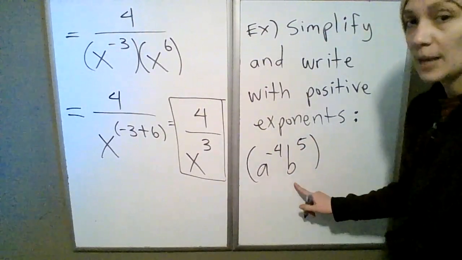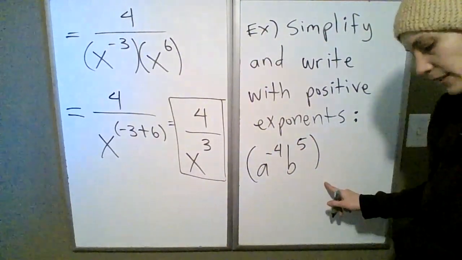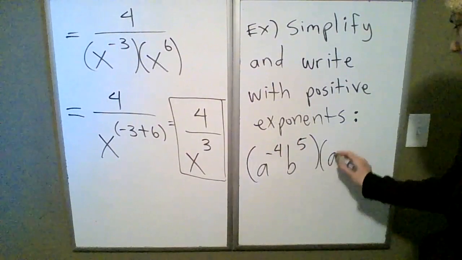A to the -4th times b to the 5th, and then times a to the 3rd, b.